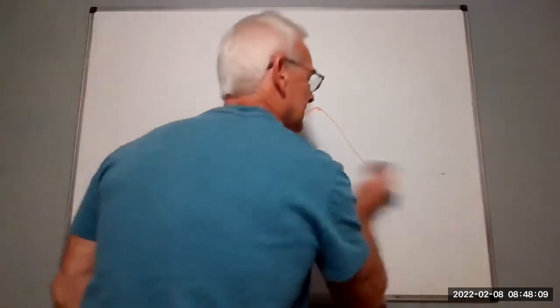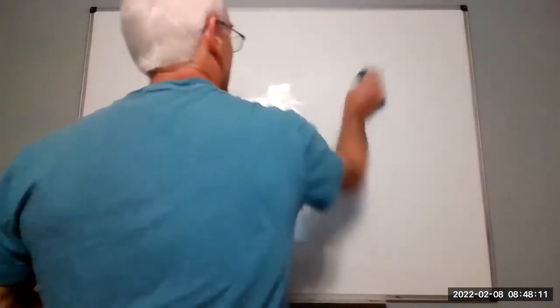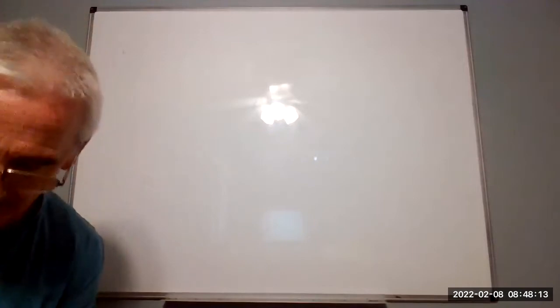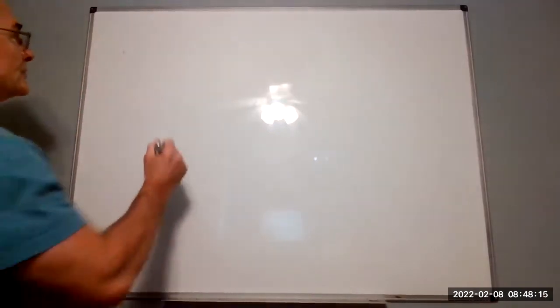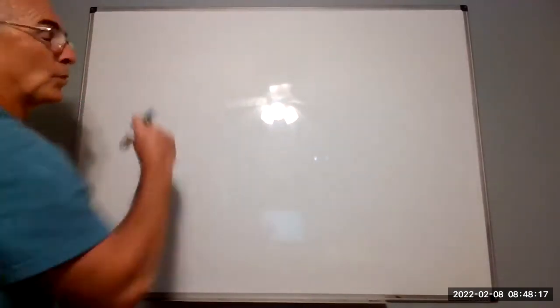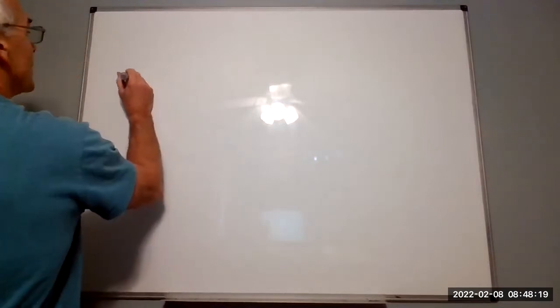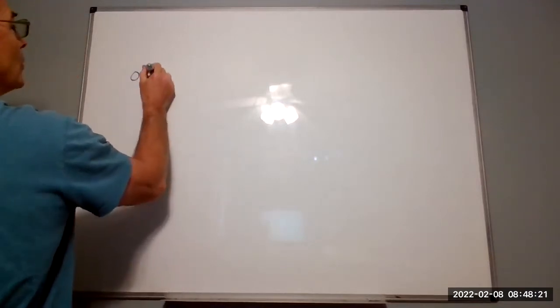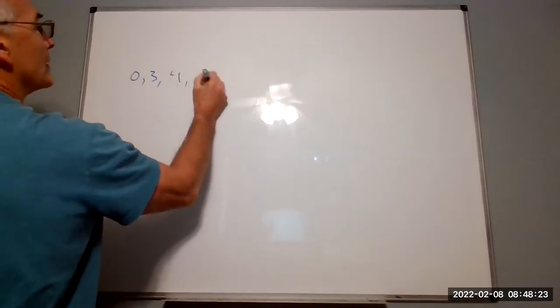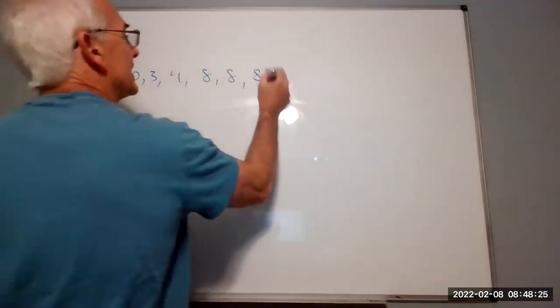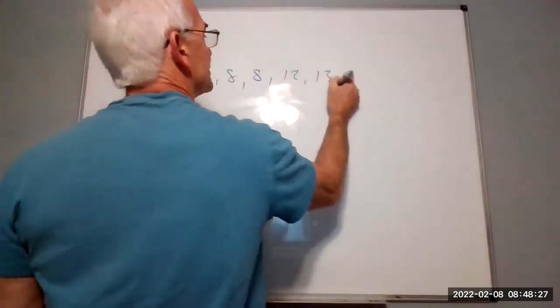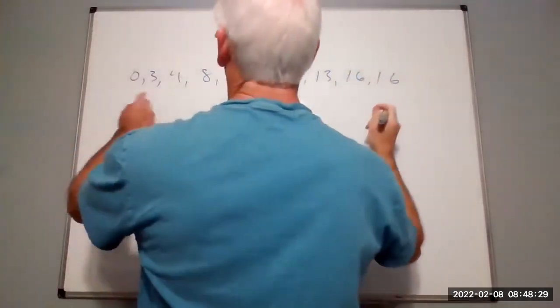So the median is the middle, okay? Let's do a simple example of finding a median again. I've got a few scores, and having them ranked is critical. So I've got 0, 3, 4, 8, 8, 8, 12, 13, 16, 16.